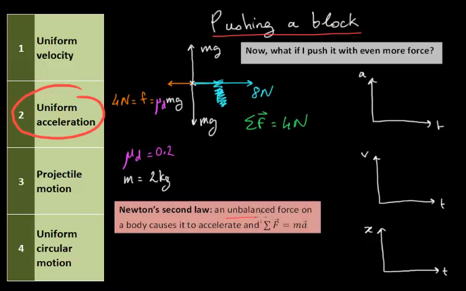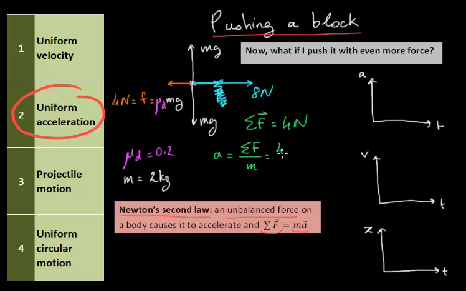So now that we have an unbalanced force, let's apply Newton's second law, which says that the unbalanced force generates an acceleration, and there's an equivalence: unbalanced force is equal to mass times acceleration. So if I divide by mass on both sides, I obtain that acceleration is the unbalanced force divided by mass.